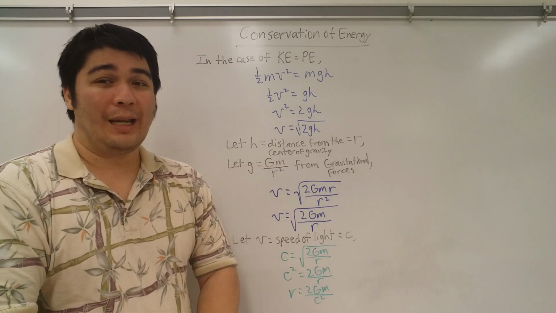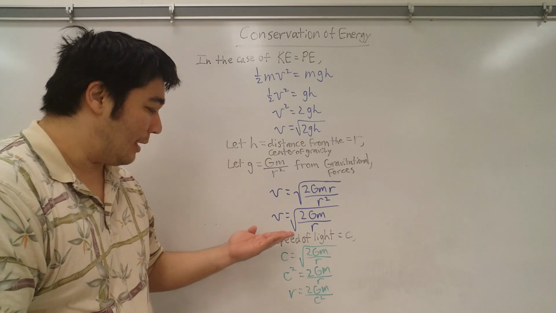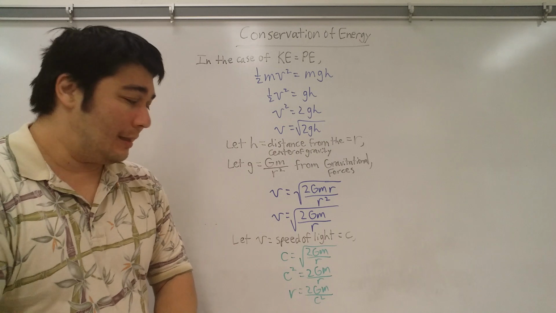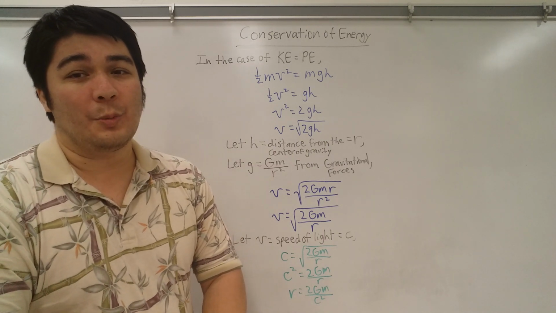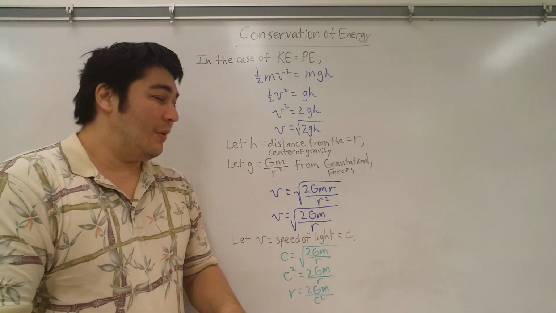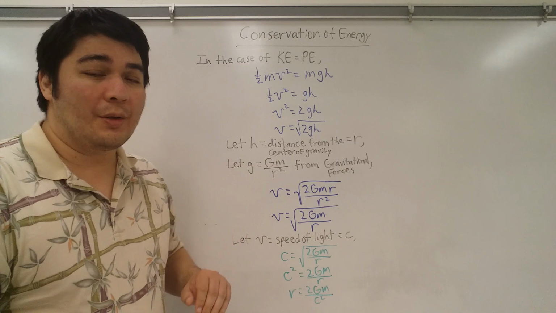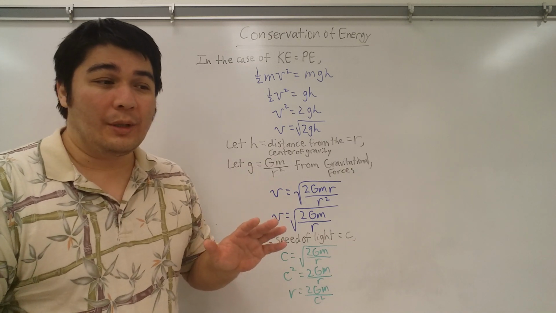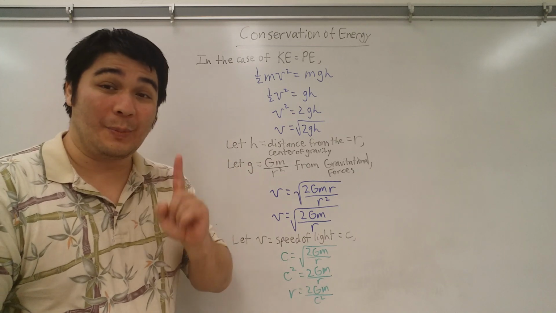I want to make sure I emphasize that because there is the more extreme case that I would go over here, and in this case, well, I won't spoil it right now. So now that we've got our escape velocity equation, we're going to take the extreme example with the highest speed that is possible in the entire universe, which is the speed of light.